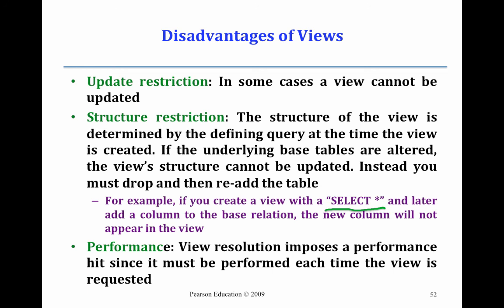I would say the third issue or disadvantage with views is that ISO imposes some restrictions that aren't strictly necessary, like not allowing an aggregated view to be joined with another relation, because sometimes when you join the aggregated view with another relation and you map that query into the base relations, it's a legitimate query.